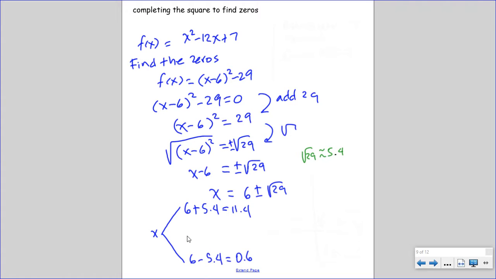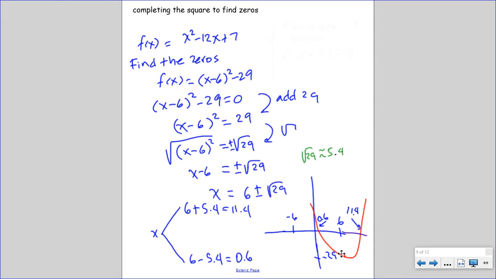And the second root would be 6 minus 5.4, which is 0.6. And that produces a graph that looks like this. We have the vertex at 6 and negative 29 that we find from completing the square, and the two intercepts that we just identified at 0.6 and 11.4.